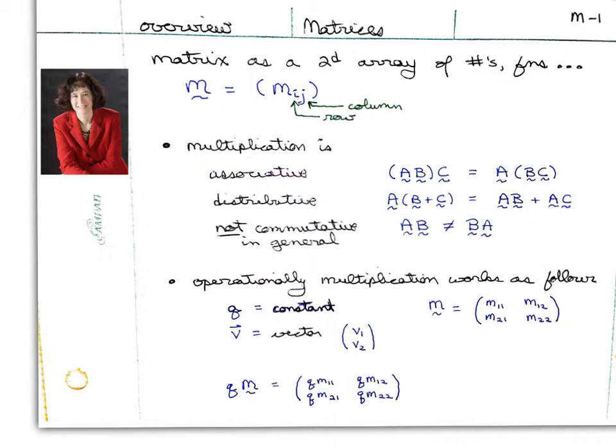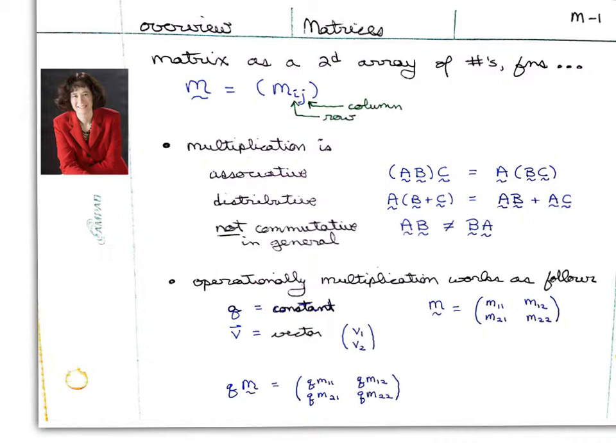There are special kinds of matrices for which commutation works, but those are special matrices. In general, you should not assume that matrix multiplication would commute. So in general, if I multiply matrix A by matrix B in this order, I will get a different answer than if I write the matrices in the other order before multiplying them.